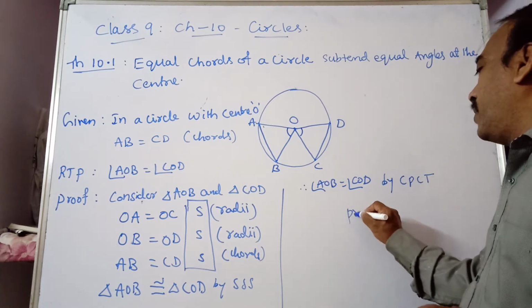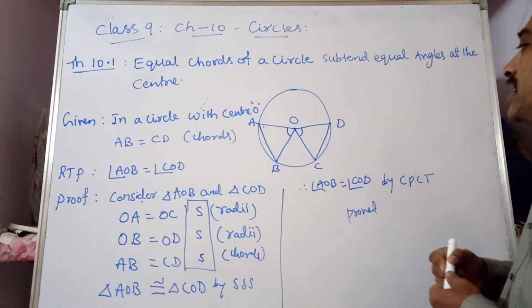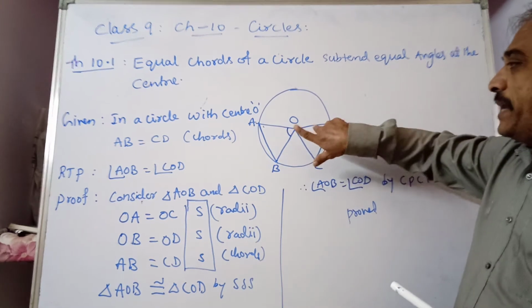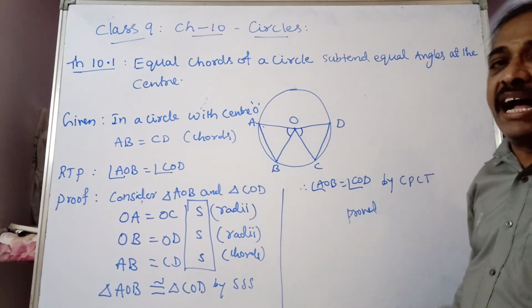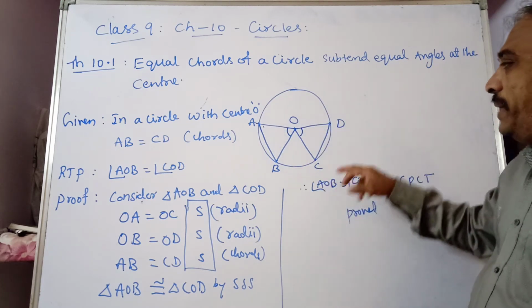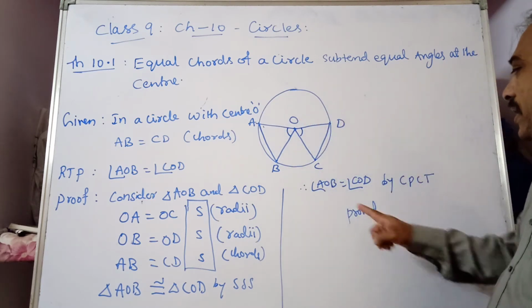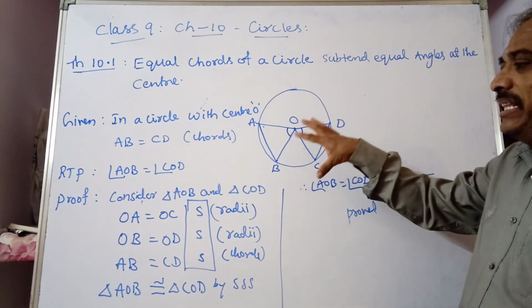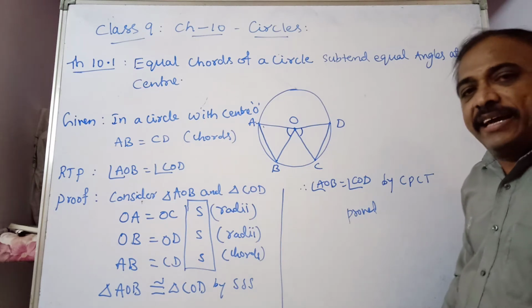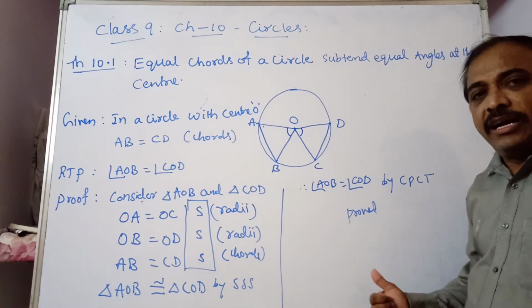So therefore, equal chords of a circle subtend equal angles at the center. Which is the center? O is the center. So angle AOB is equal to angle COD. Is it clear? We are just taking the criteria SSS, side and side. Understood? Right.